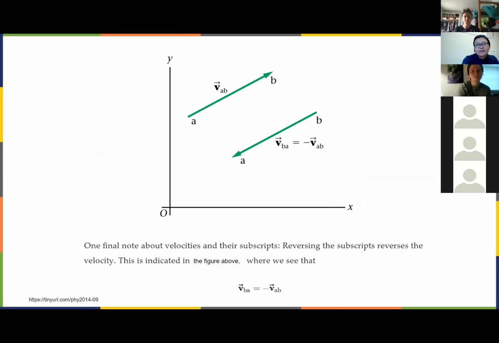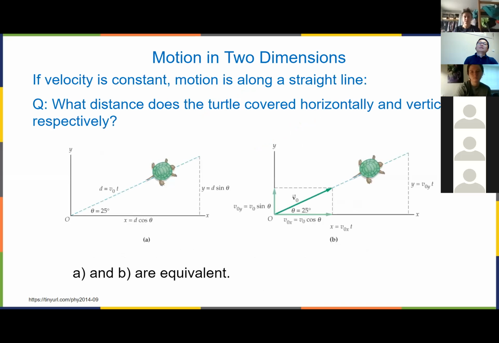Actually, I think we started with 2-dimensional motion last time. We looked at the turtle traveling in one line, which forms an angle with the x direction. In this case, you can do the motion 2-dimensionally, like x direction and y direction. So you just have to do it twice.